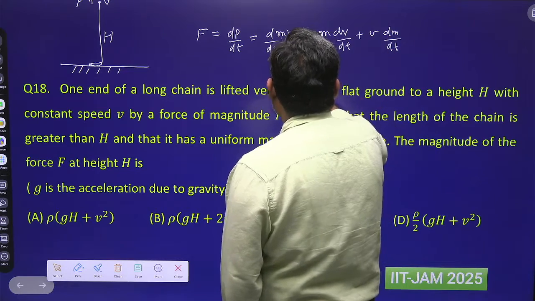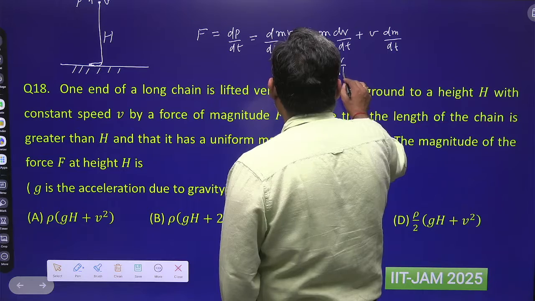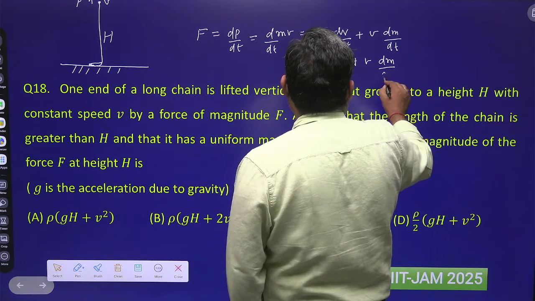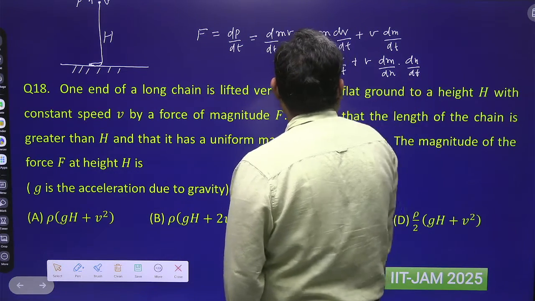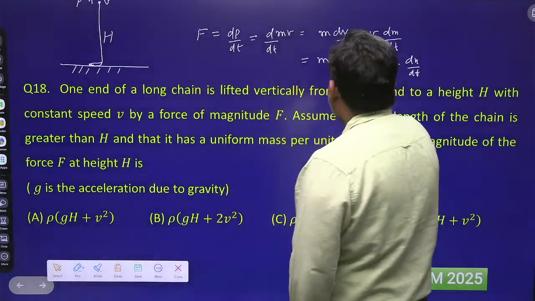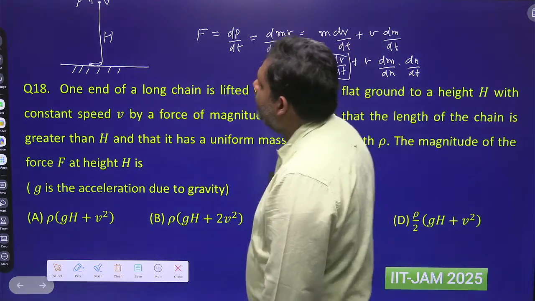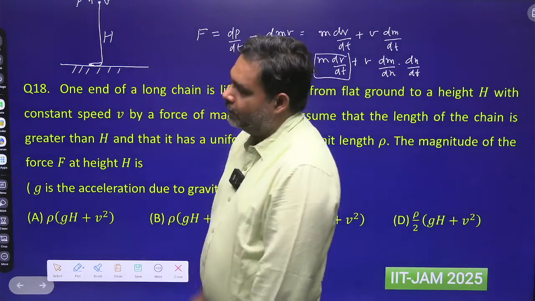This particular thing I can write as m dv upon dt plus v times dm upon dx, and here we can go for dx upon dt. Now here m dv upon dt is actually just equal to the weight of this particular chain.